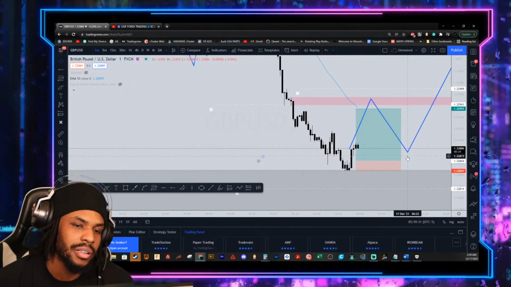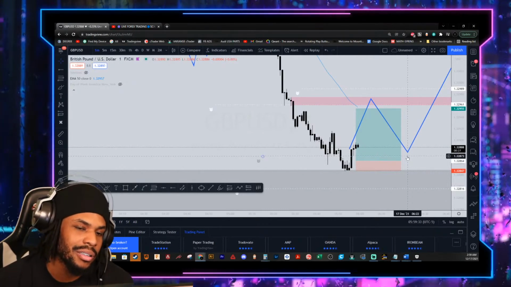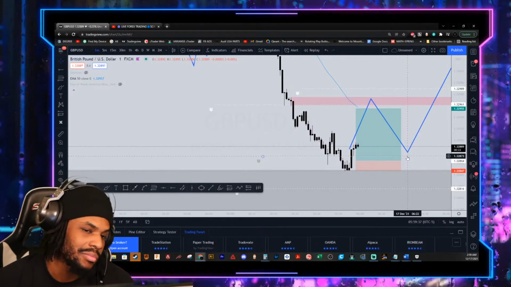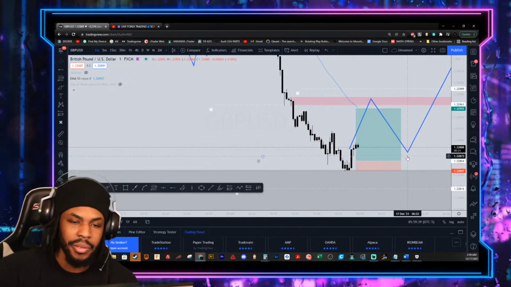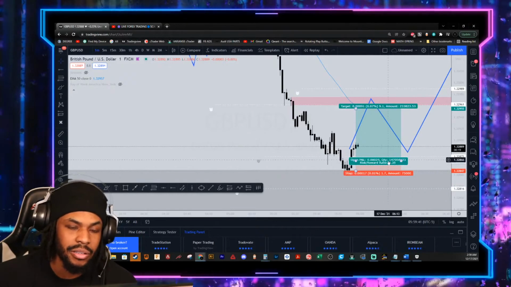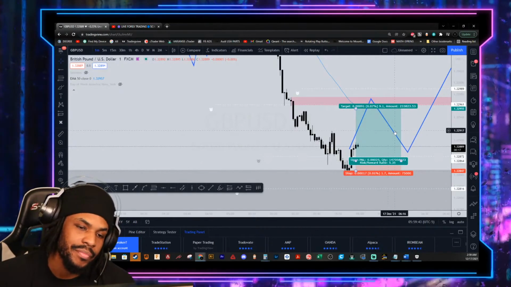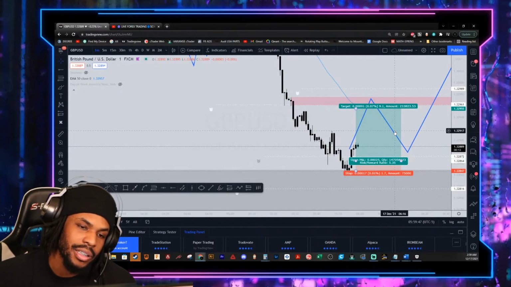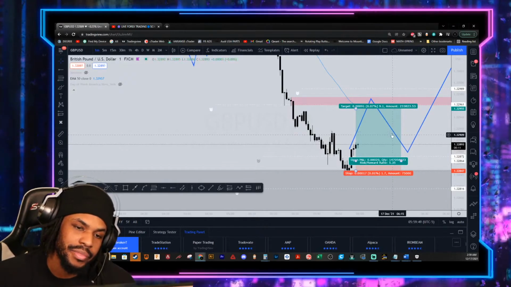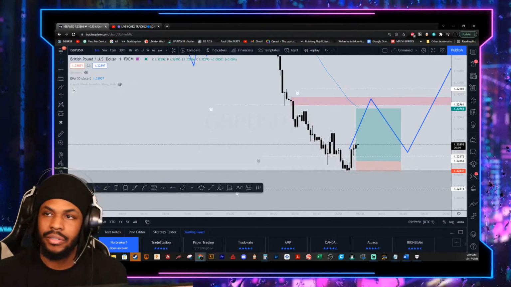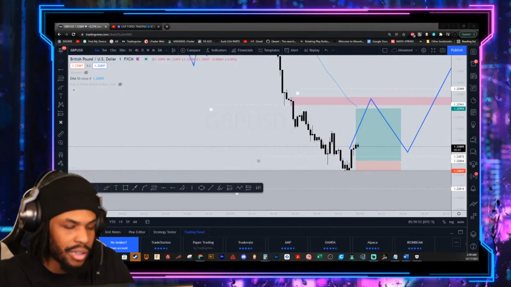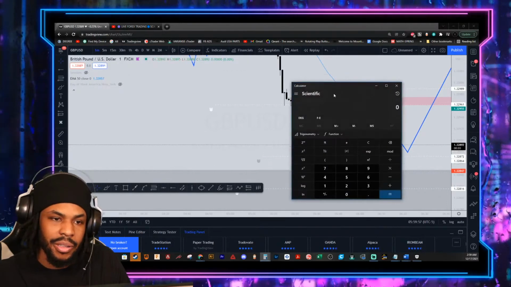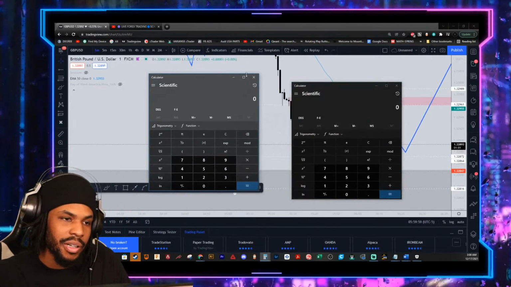Yep. And we're gonna buy with another 15 lot. Is that too much? How many pips is this? This is 1.7. I could go stupid and put an 18 on it. Yeah, 18 lot. If you guys want to see the math behind it, I kind of got like a ballpark figure where price is gonna be at, and I'm accounting for spread and all that stuff too.